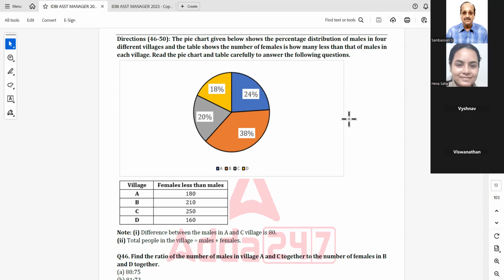Total people in the village is equal to males plus females. In total, village A, 780. Village B, how much? 1310. Are you getting it? Please check. Then village C, 550. Village D, 560.